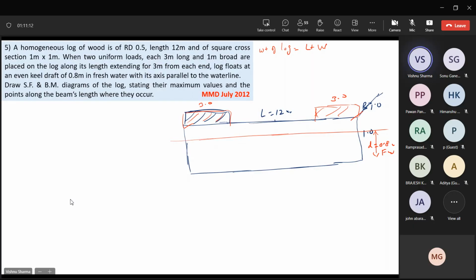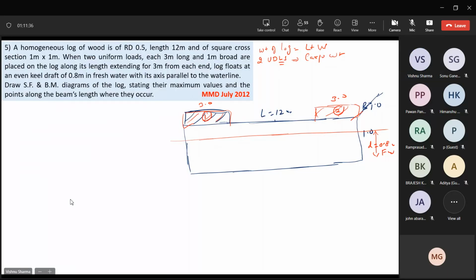Yes, sir. Okay. The two UDLs at the ends, they are like cargo weight. Yes or no? This 1 and 2, they are like the cargoes on the ship.